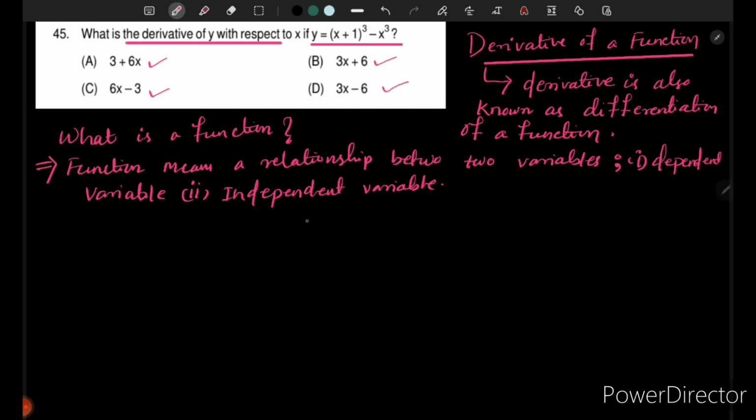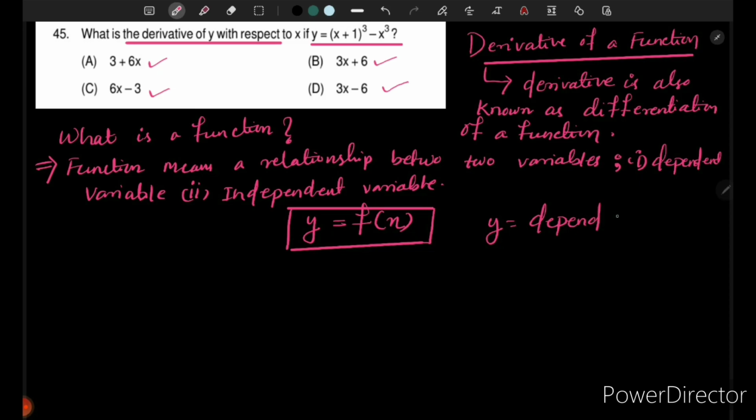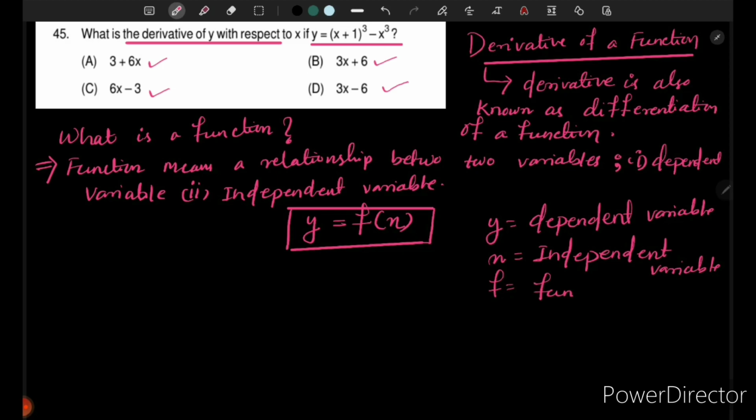So we can say a function like this: if y is a function of x, so here y equals to dependent variable, x equals to independent variable, and f equals to functional notation.